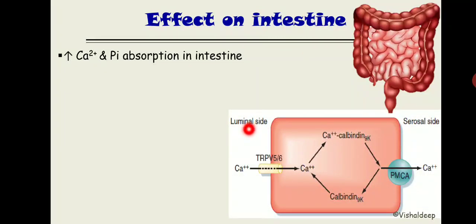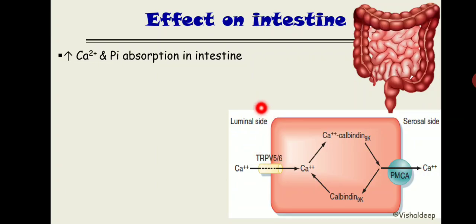See, this one is the luminal side, this is the GI tract cell, and this one is the basolateral side. Over here the blood vessel is situated. So this membrane is known as the basolateral membrane, and this membrane is known as the apical or luminal side of the membrane. Different books use different words. In this case they use luminal side, in some books it is known as apical side.